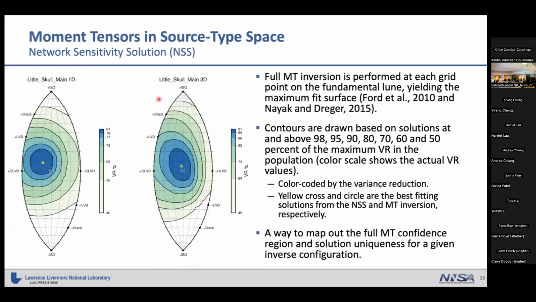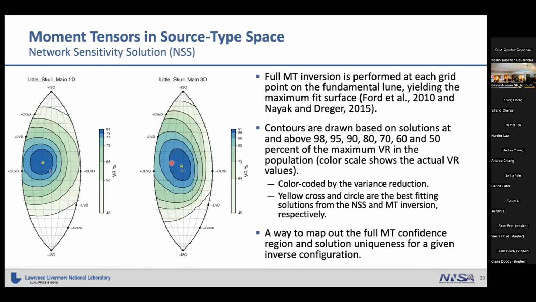This goes back to the uncertainty part that I was talking about before. When we're looking at these events, we don't want to look at a single point; we want to look at all the good solutions. Between the 1D and the 3D, the spread is similar, but with the 3D it shifted more towards the center around the double couple for this earthquake.